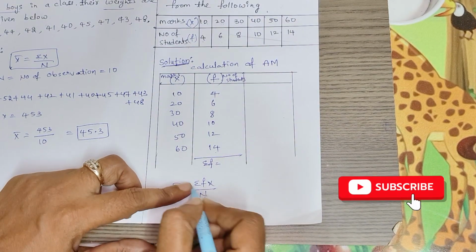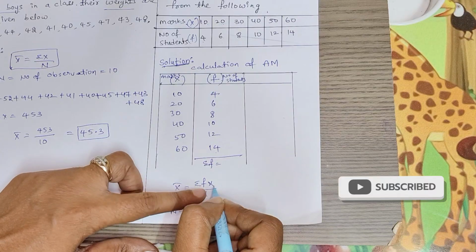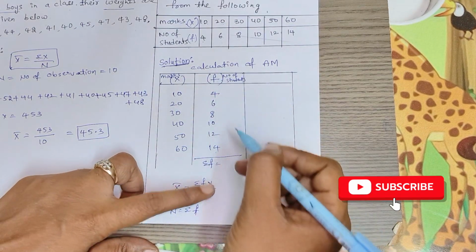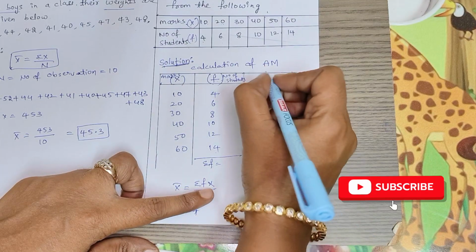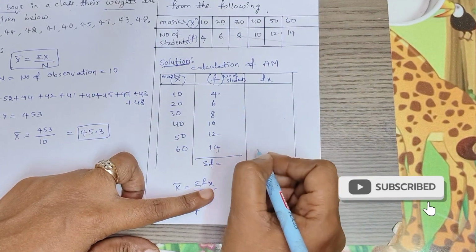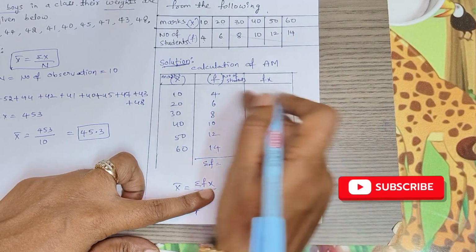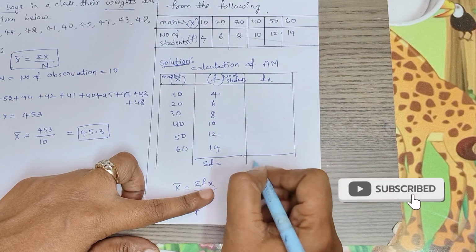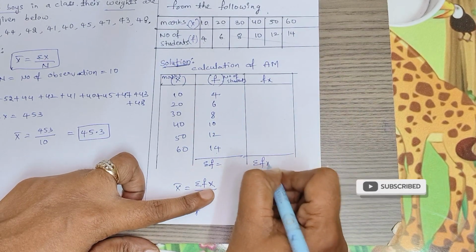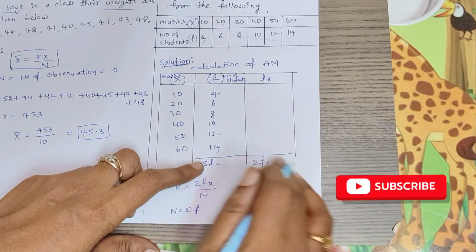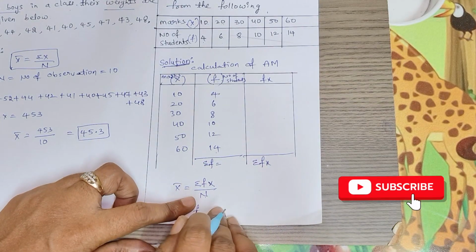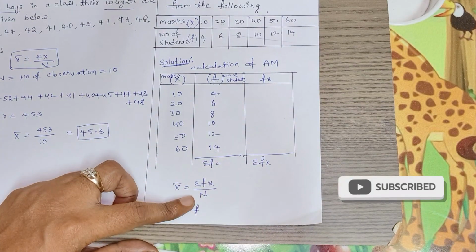Then summation of fx: just multiply both columns, you will get the fx column. After taking this multiplication, take the total, that is called summation of fx. If you know these two values and apply them in the formula, you will get the mean value. Okay, let's see.